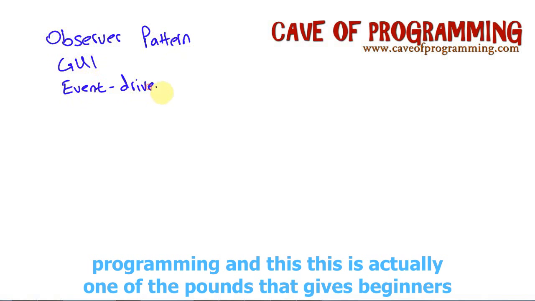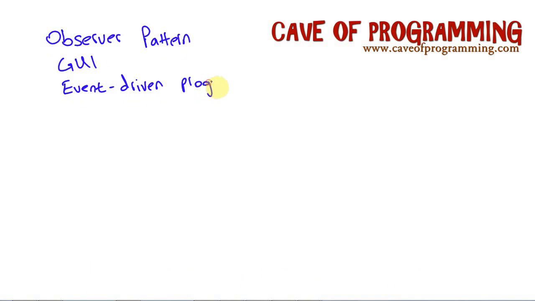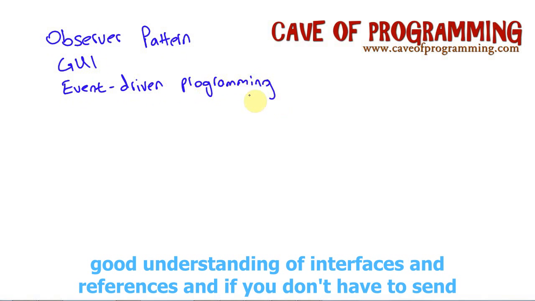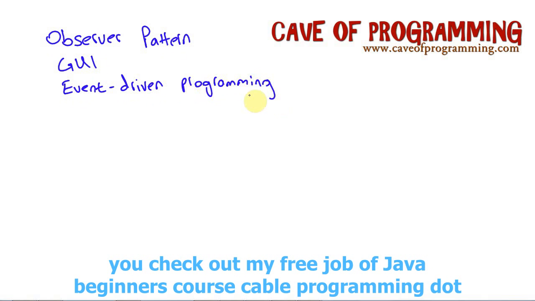And this is actually one of the patterns that gives beginners the most trouble, I find. It's the hardest to understand, partly because you need a good understanding of interfaces and references, and if you don't have that, certainly check out my free Java for Beginners course at caveofprogramming.com.